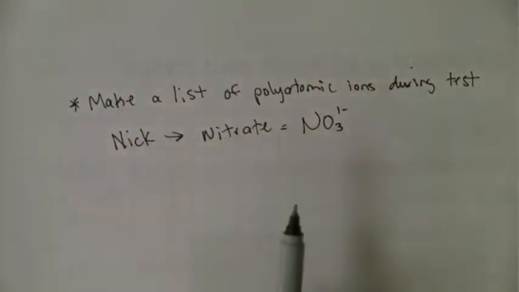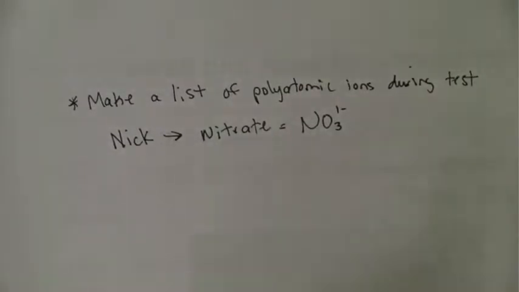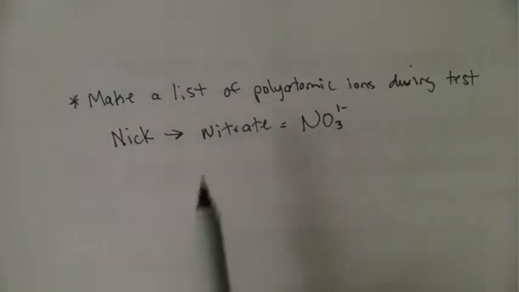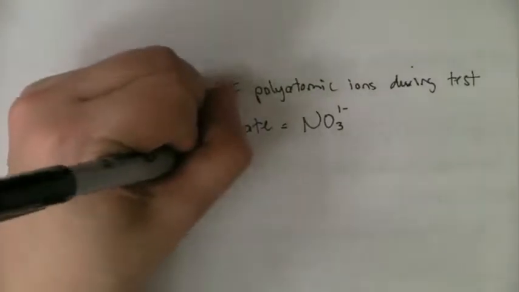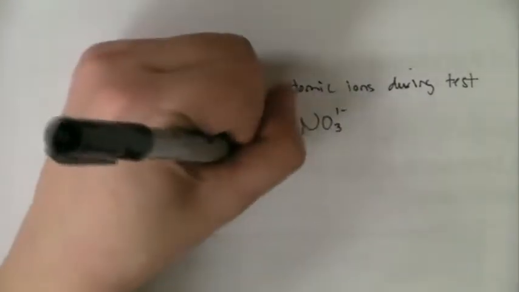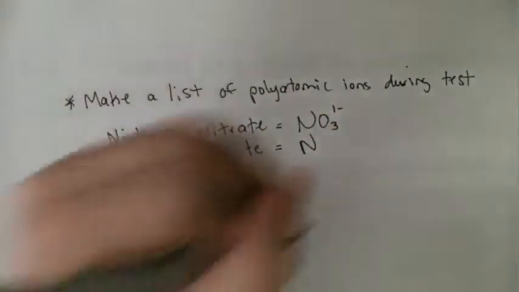If you don't want to have to do that every time you encounter nitrate, once you figure it out once, start making a list on the side of your test somewhere, anywhere, that you know nitrate is NO3 with a -1. Okay? You could also throw in there, if you wanted to, that, well, once you figure out nitrate, you know nitrite is what? I want you to answer. Nitrite is NO2.